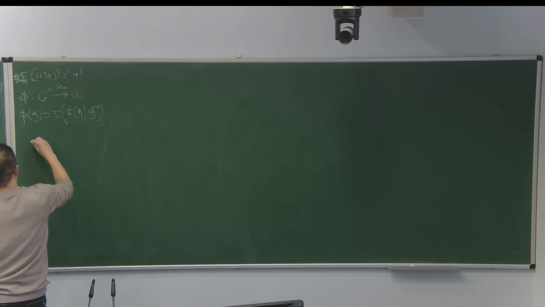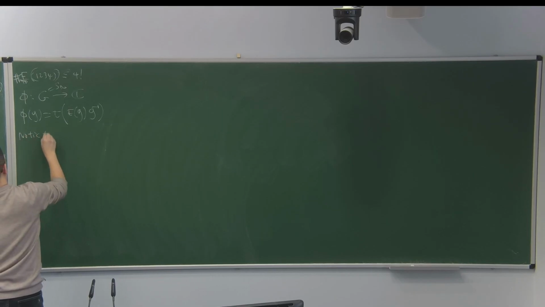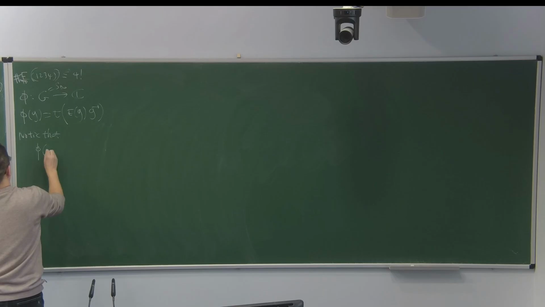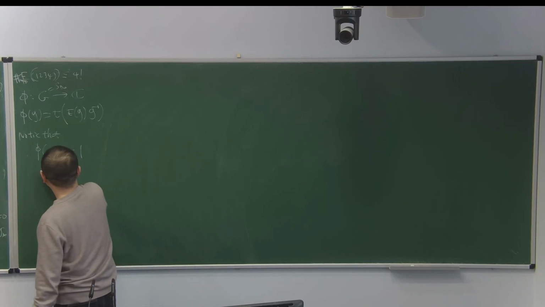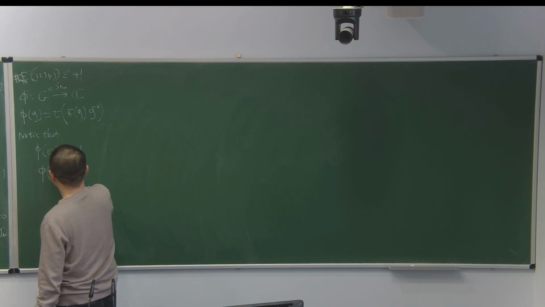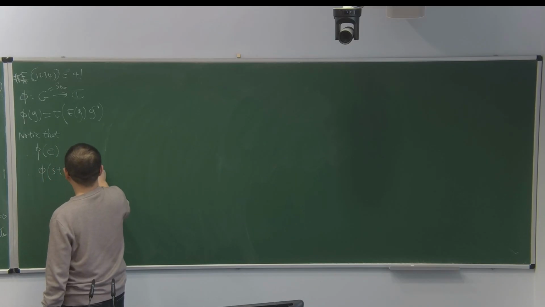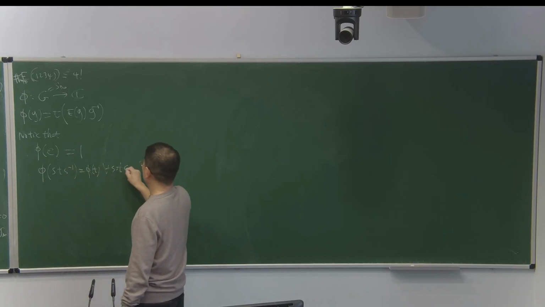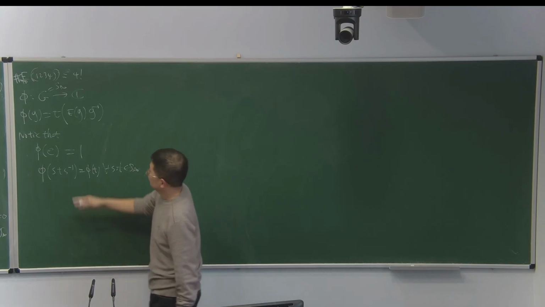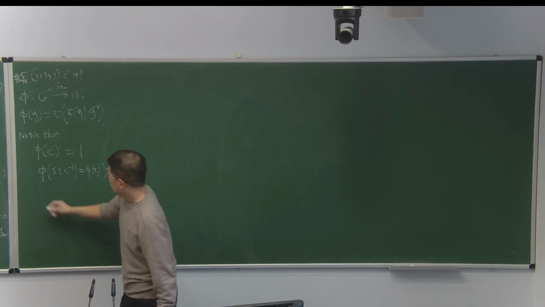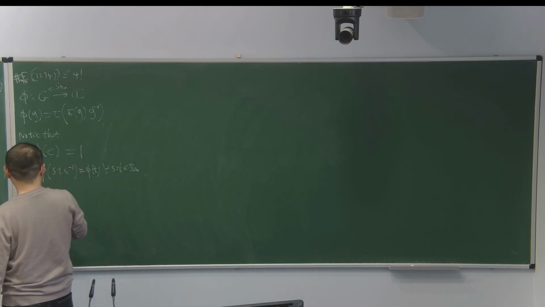Notice that phi(e) takes value 1, and this is conjugation invariant. You can check it easily using that P is conjugation invariant. More importantly, this is positive definite.